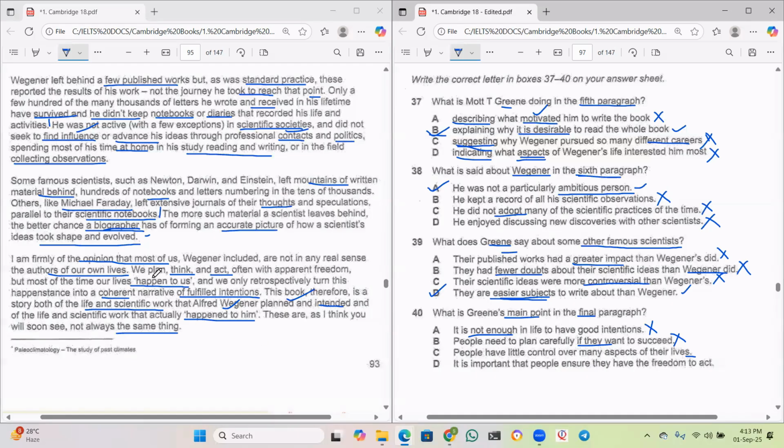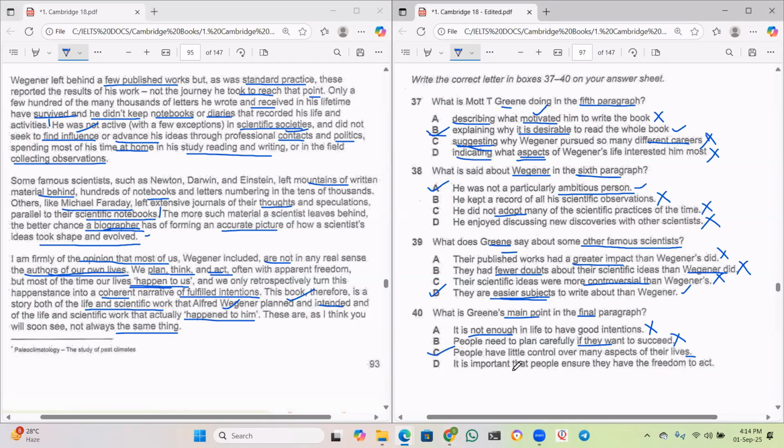Because what he says is we plan, we think, and we act, but finally life happens to us. We are not in the real sense the authors of our own lives. That is the answer. So people have little control over many aspects of their life. Exactly. C should be the answer.